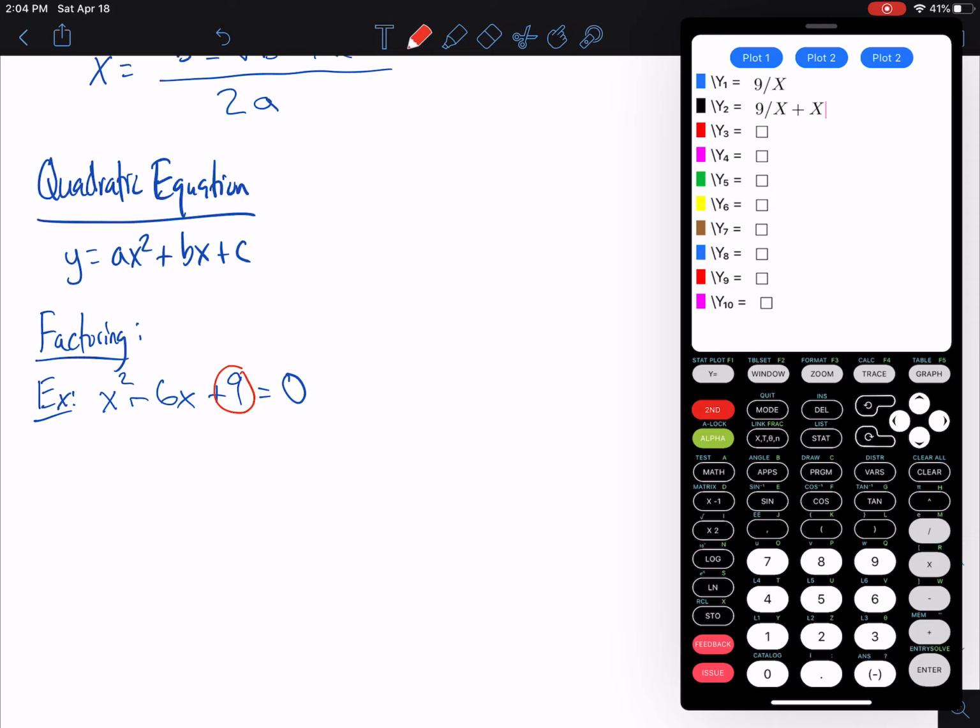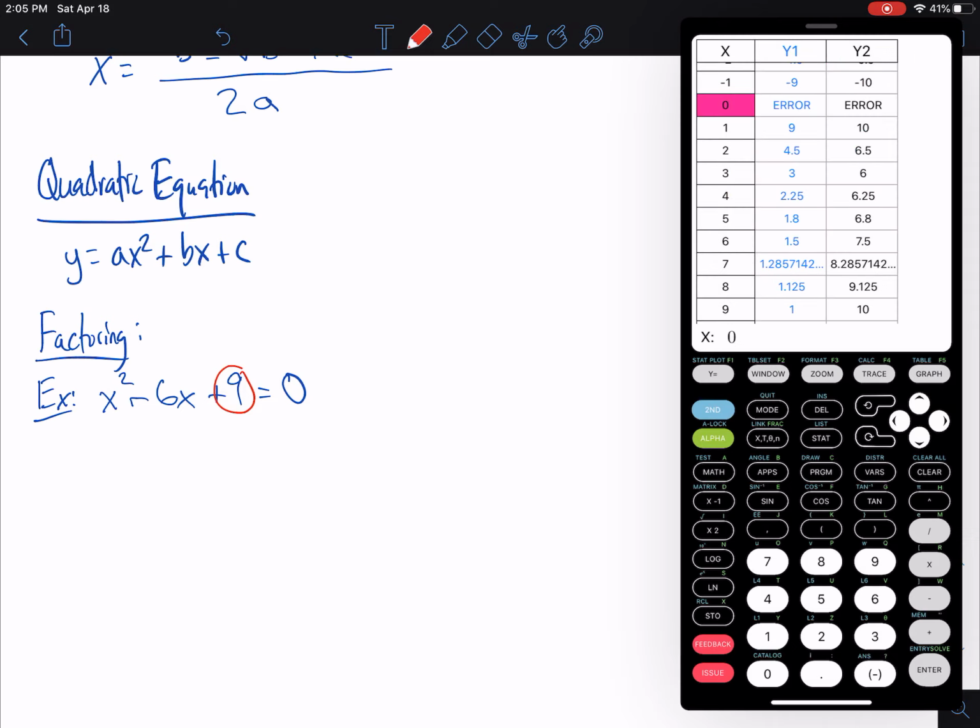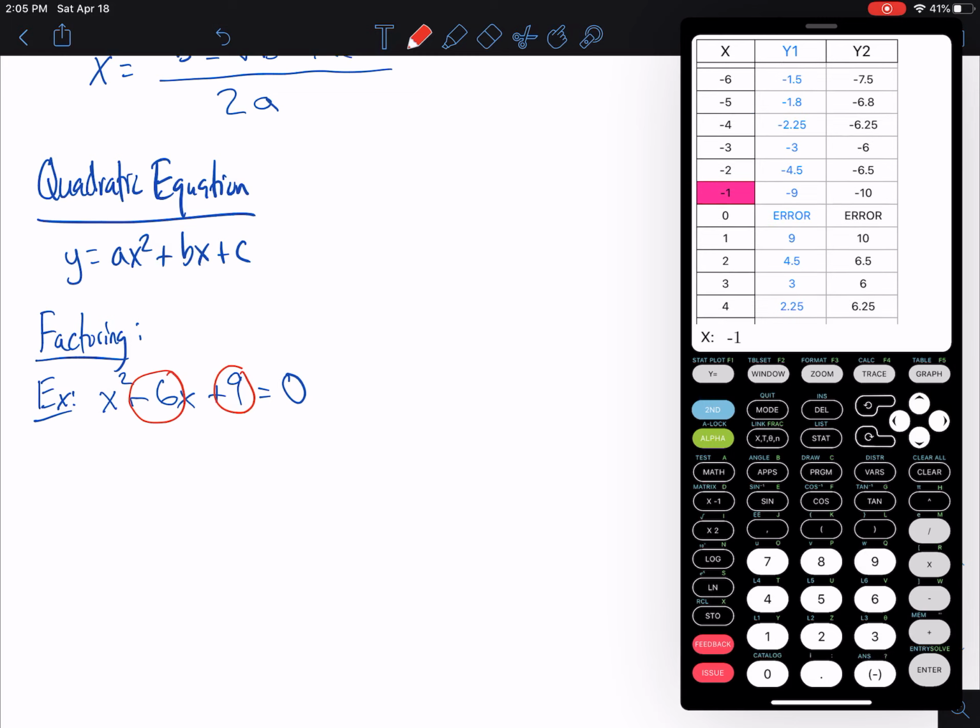And then we don't care about the graph, we want the table, okay? What we're looking for is where the third column is our middle number. Okay, and there it is.